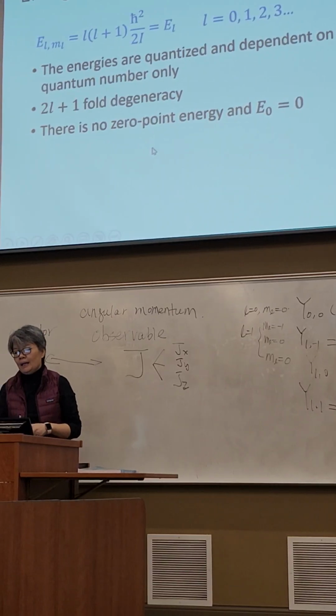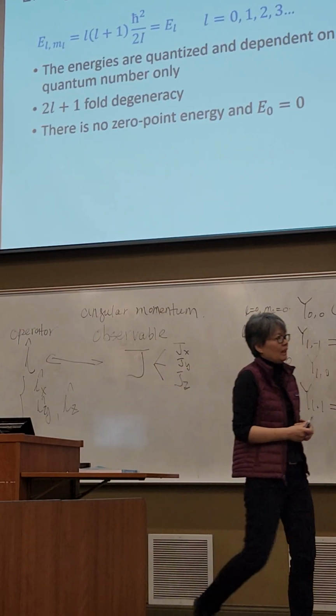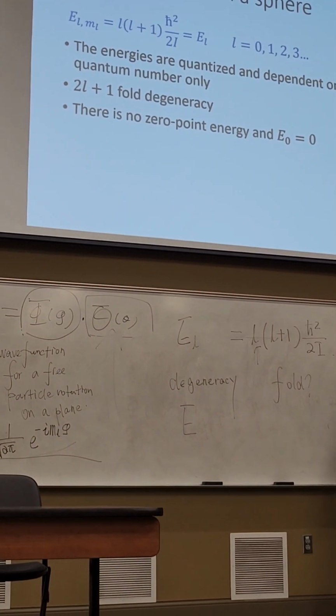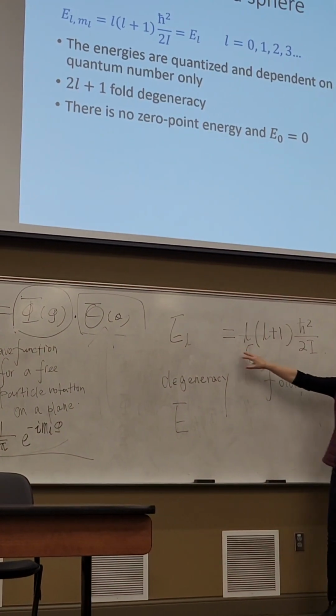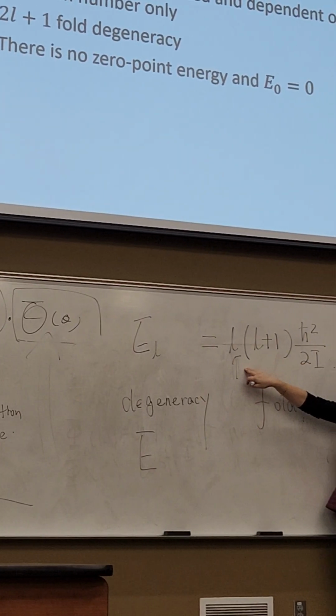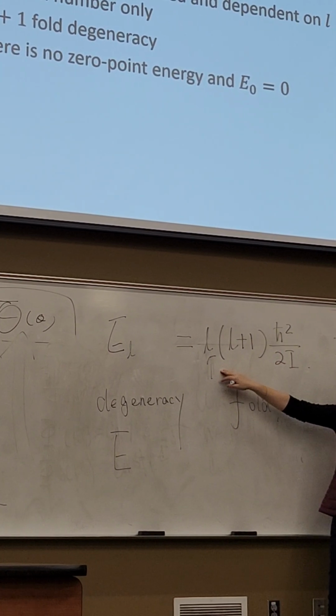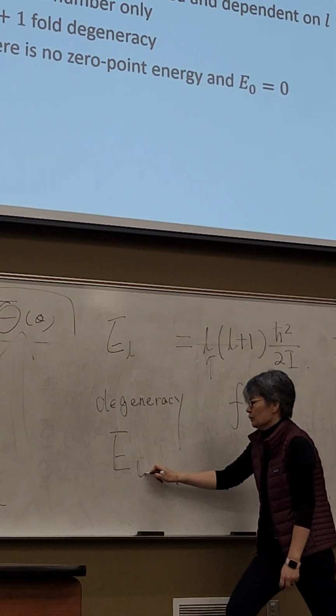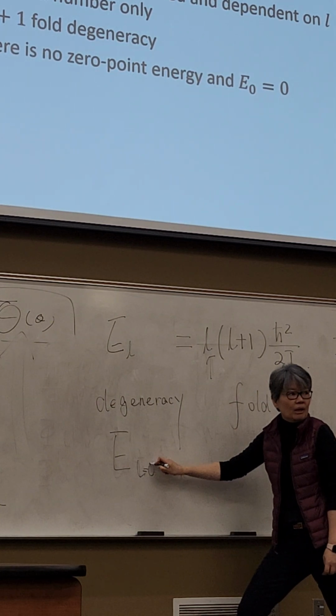Okay, and then of course you have an energy expression. Now, what is the minimum energy? That's usually the ground level, right? So, what is the minimum energy? You look at the expression. Positive, positive. It only depends on L. L is a non-negative value, so the lowest energy would be when L equals 0.